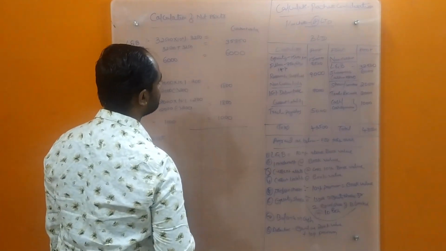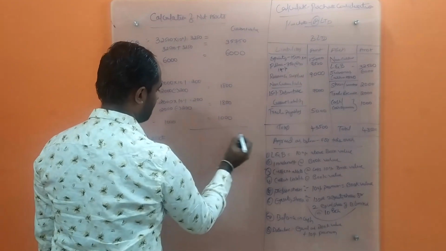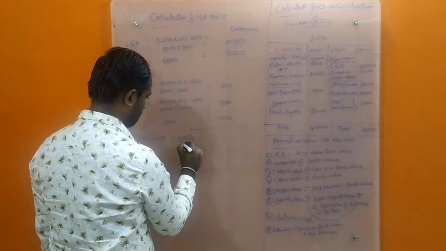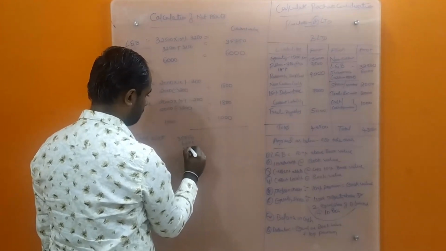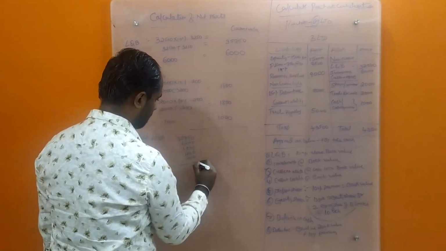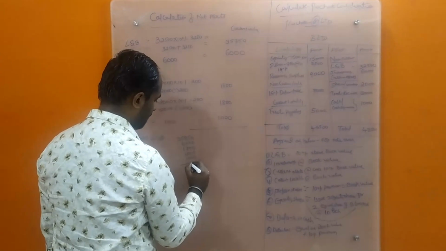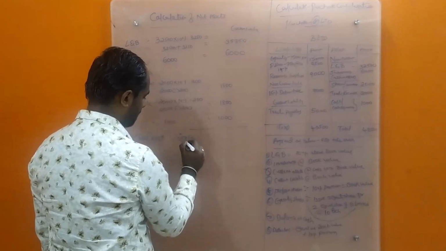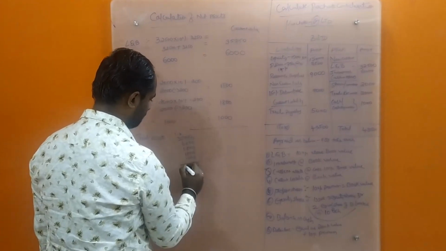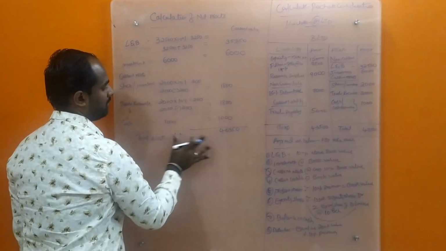Total asset. 35,750 plus 6,000 plus 1,800 plus 1,800 plus 1,000 comes to 46,350. This is your total asset.